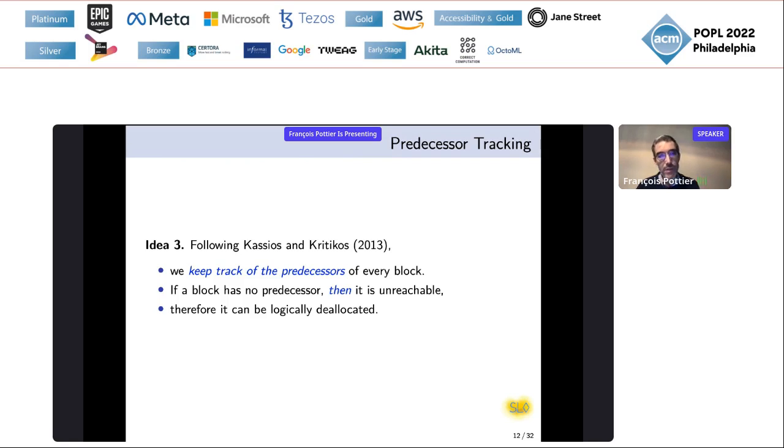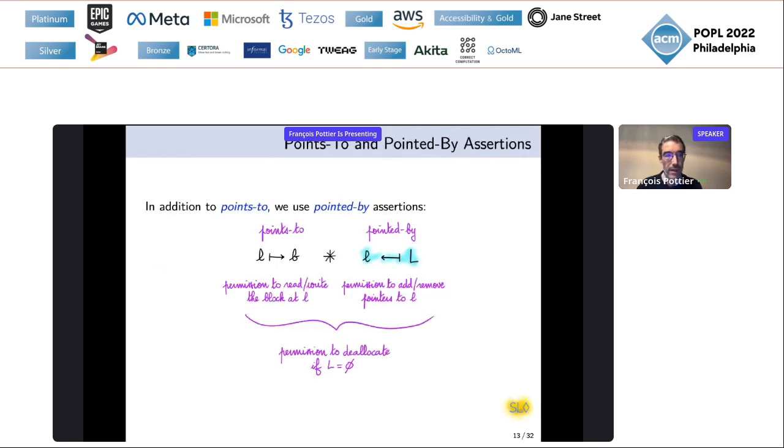And if at some point you know that a block has no predecessor, then this implies that it must be unreachable, and therefore it can be logically deallocated. And reasoning about predecessors is something you can do locally, in contrast with reasoning about reachability, which is a more global concept.